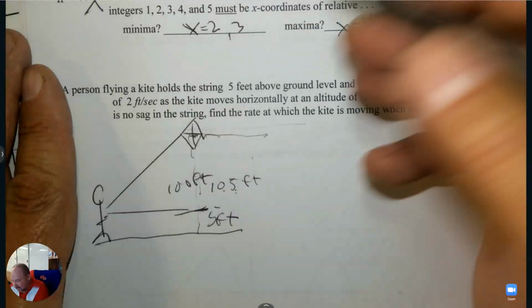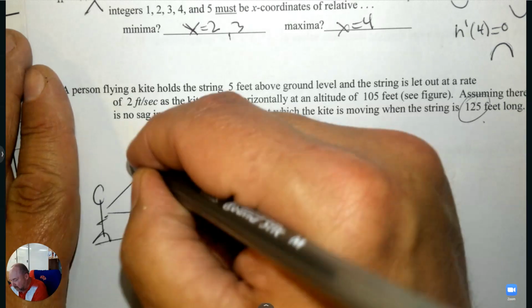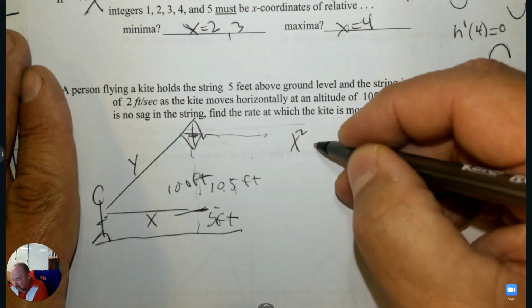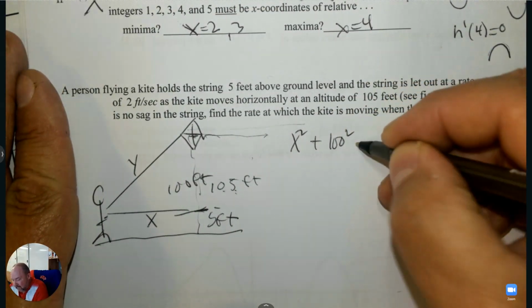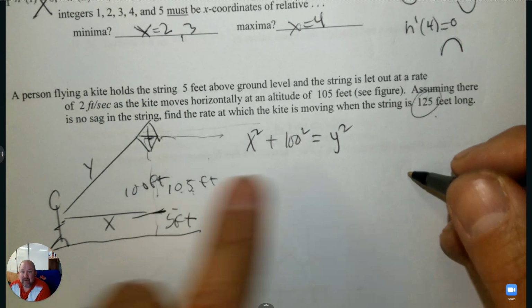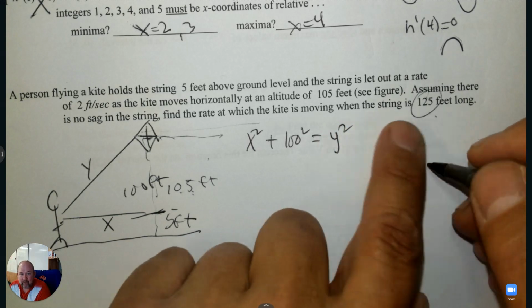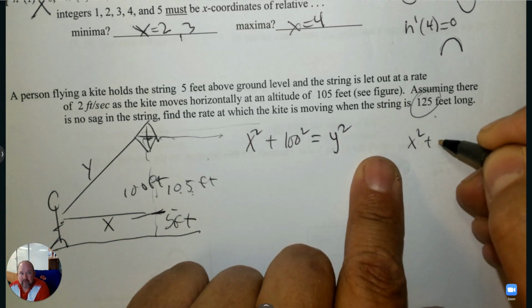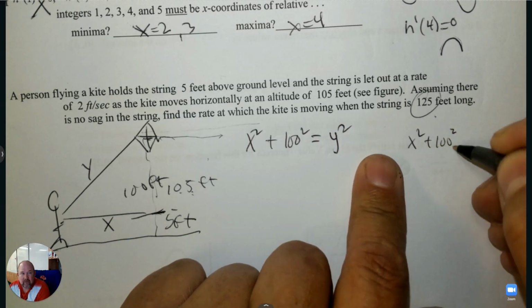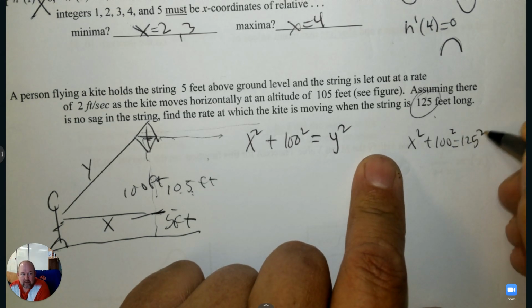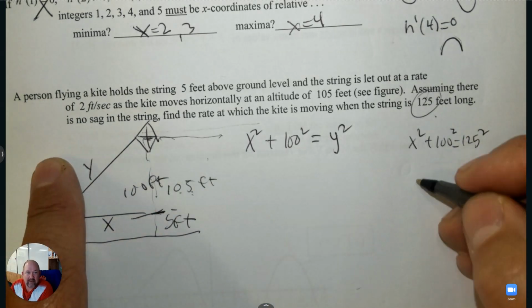I'm going to give you some letters. I'm going to call one x and one y, and I'm going to write down x squared plus 100 squared is equal to y squared. Now at this point I can plug in that y is 125 squared. So that string is, and I can solve for x.